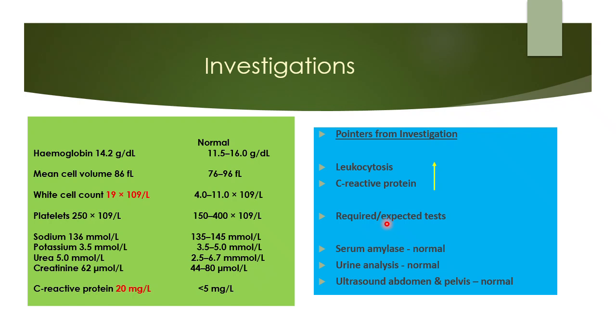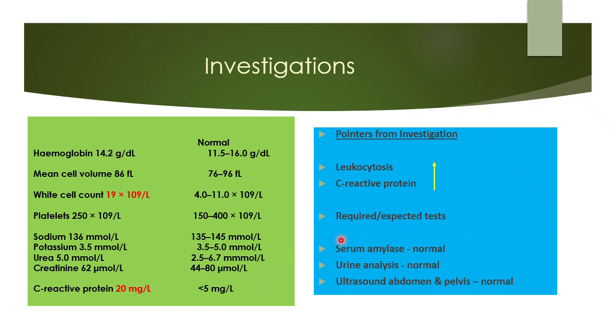And the required or expected test, serum amylase, which we assume must be normal. Urine analysis we are told is normal, and we would like to do an ultrasound of the abdomen and pelvis, which presumably is normal.